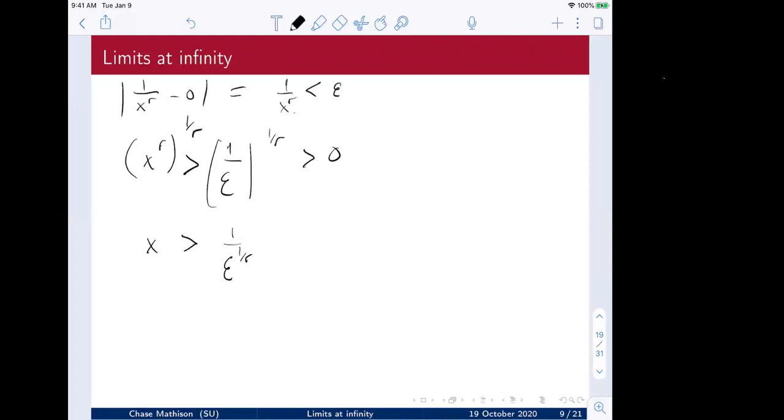So that means what should I take m to be? What should I take m to be? I need to find that number m so that when x is bigger than m, I have 1 over x to the r is smaller than epsilon.